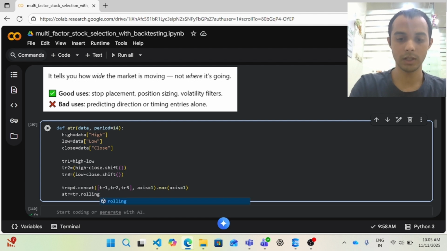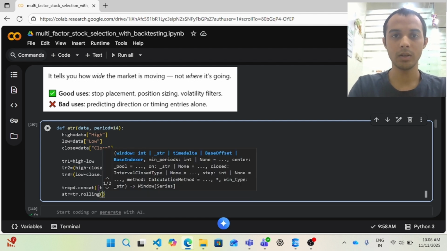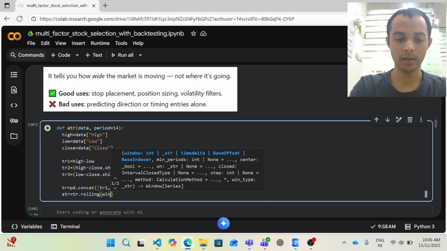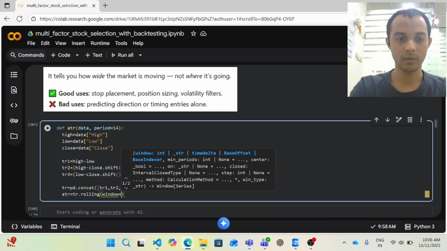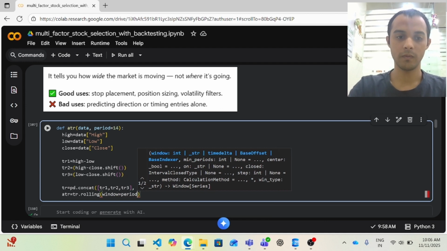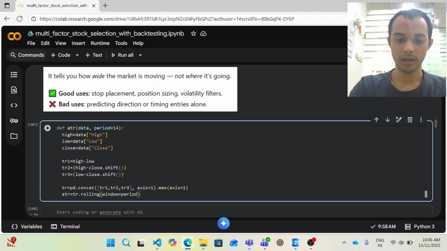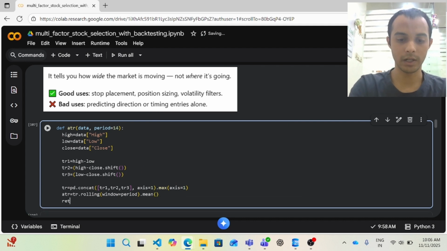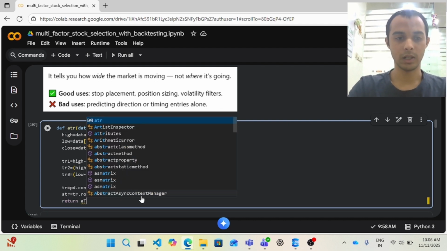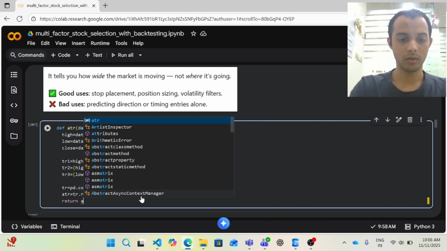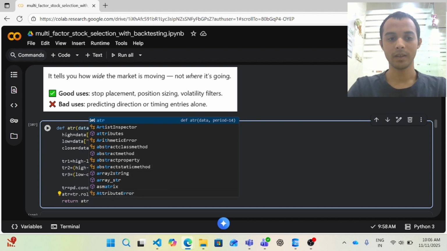Rolling here is taking the mean for that certain period. So here we have to put our period in window and then find the mean. Okay, this is perfect, and then return ATR. Till here we have found our ATR.